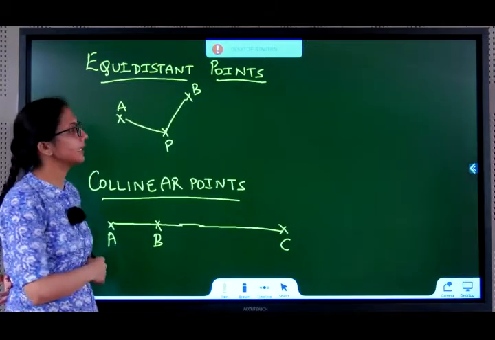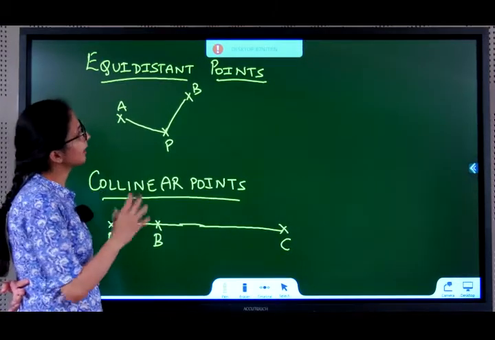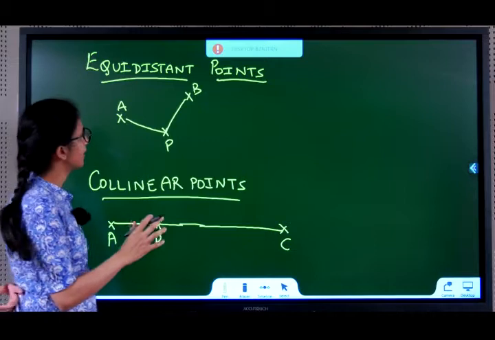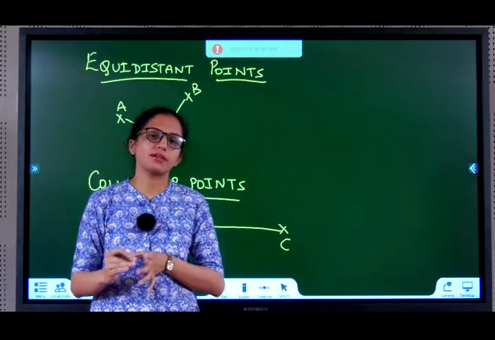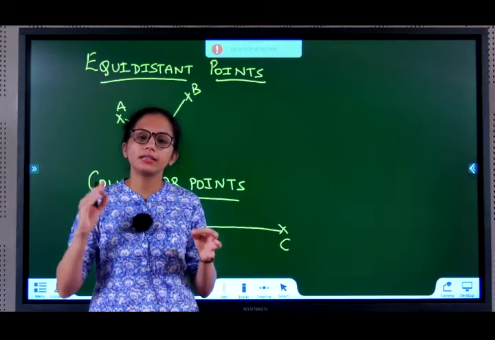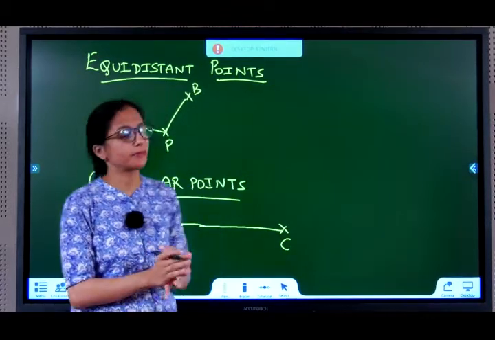Next concept, equidistant points. Equidistant points means you are equally distant from someone. Equal distance, equidistant.